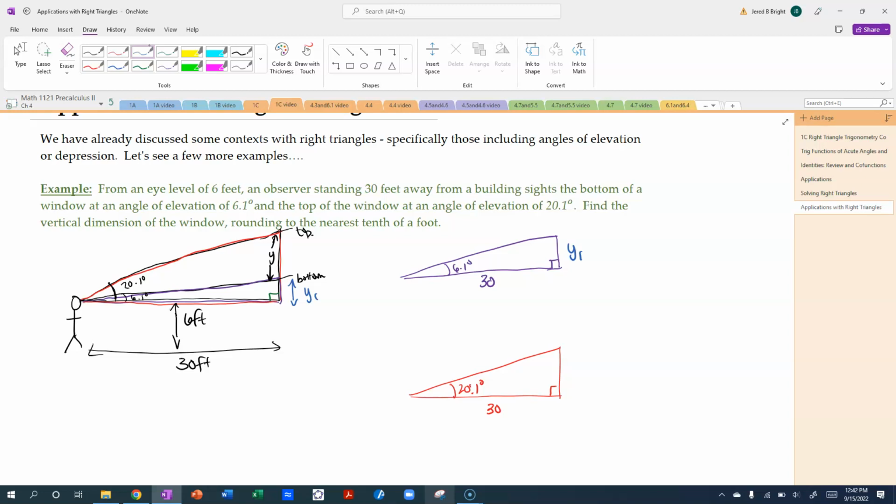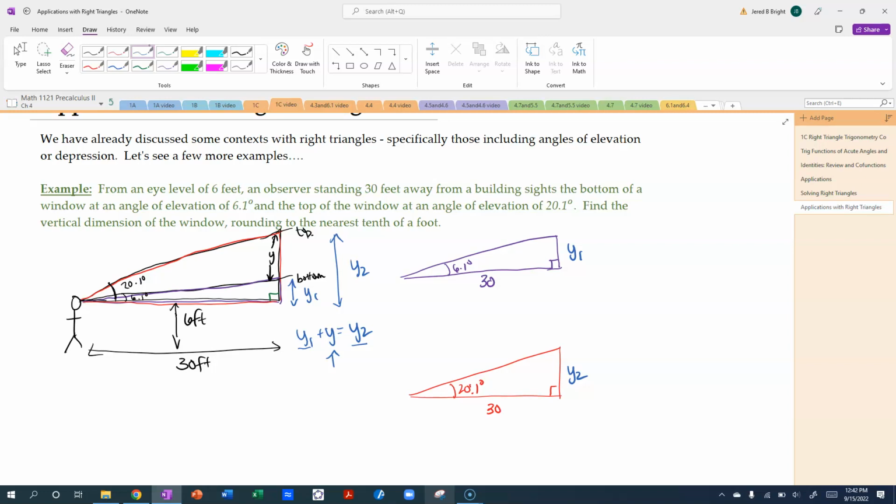Then y1 plus y is equal to this whole thing, which we'll call y2, and that would be right here in this diagram. So if I can find y1 and y2, then I can find y just by taking their difference.